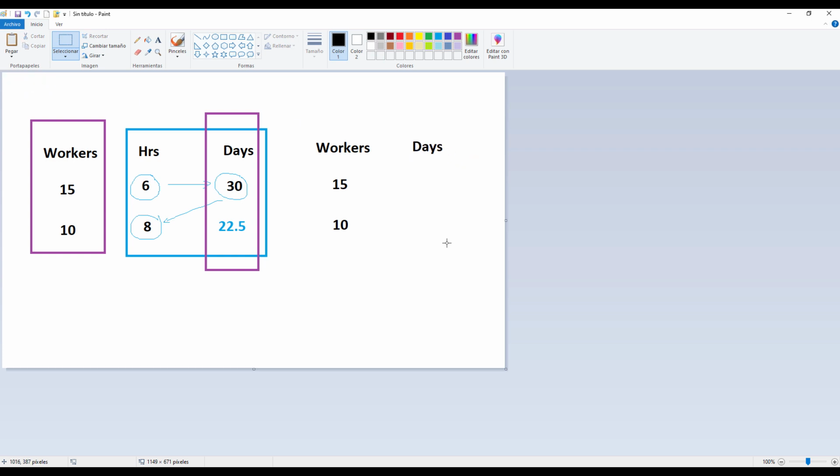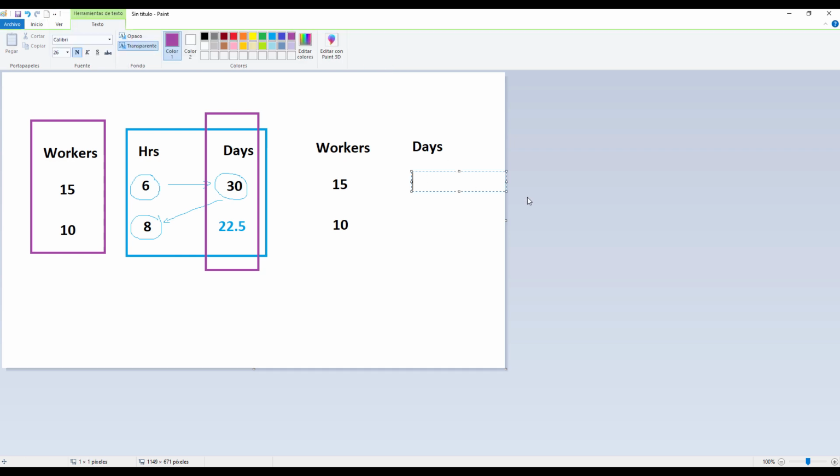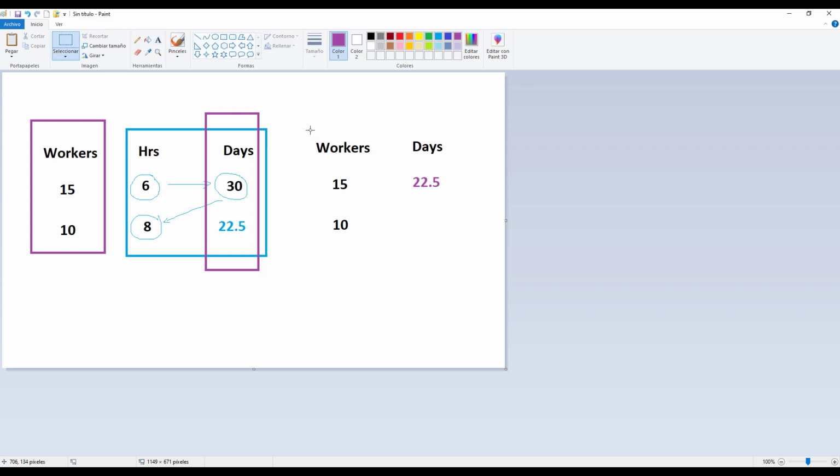But remember, the information that you use to calculate that is for 15 workers. So the result that you have, you need to type here.